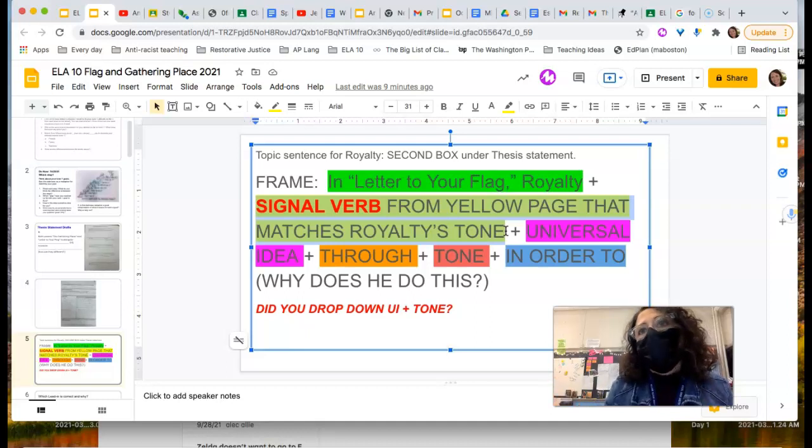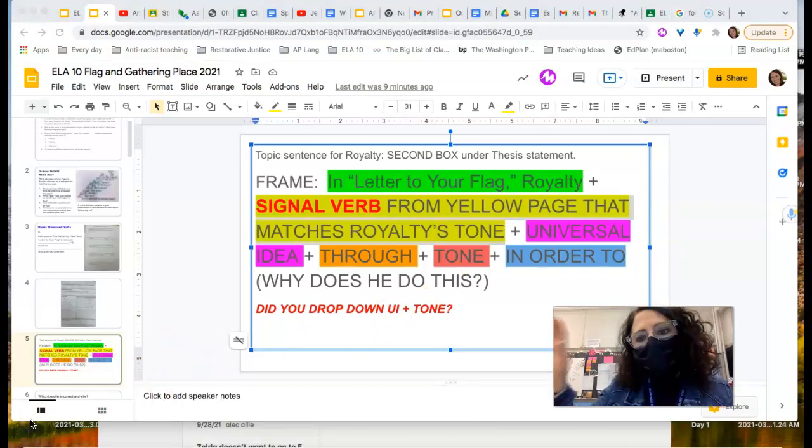So if you have injustice as the universal idea in your thesis, you can Google synonyms for injustice and have that same word or the actual word from your thesis right here as the universal idea in your topic sentence.